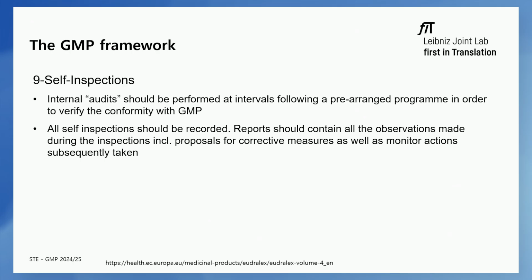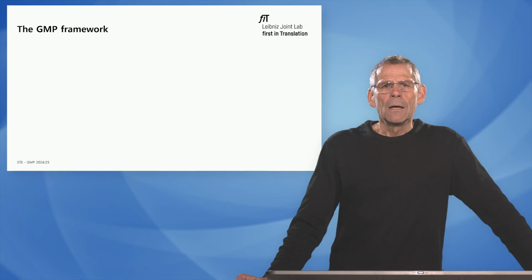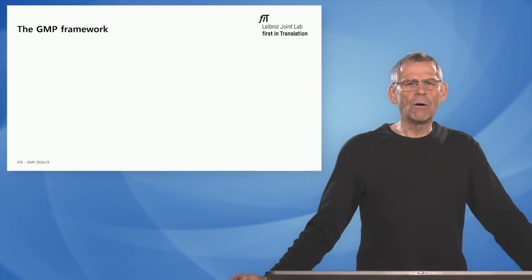There needs to be a report that contains all observations made during the inspection, including proposals for corrective measures. Because if you work routinely in manufacturing, you might get habits and take shortcuts which are not in accordance with the manufacturing instructions or the GMP rules. This can then be corrected by training or by re-emphasizing the correct handling of the product. So those are really all the aspects.